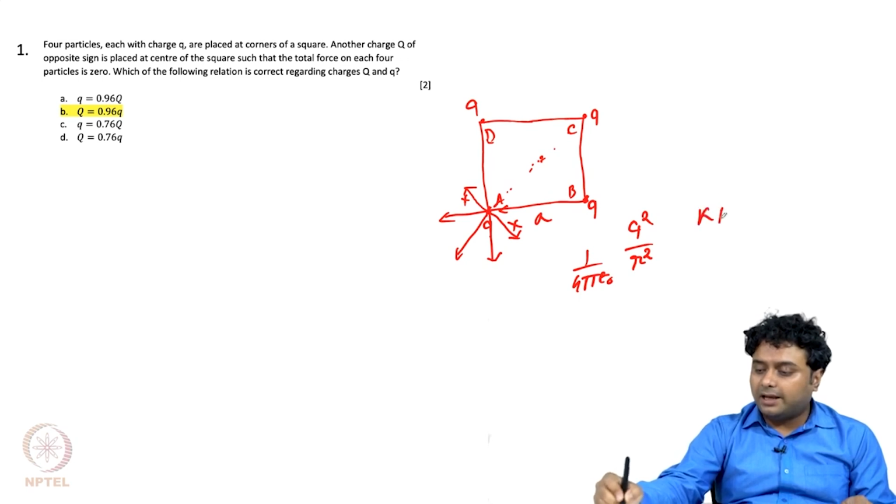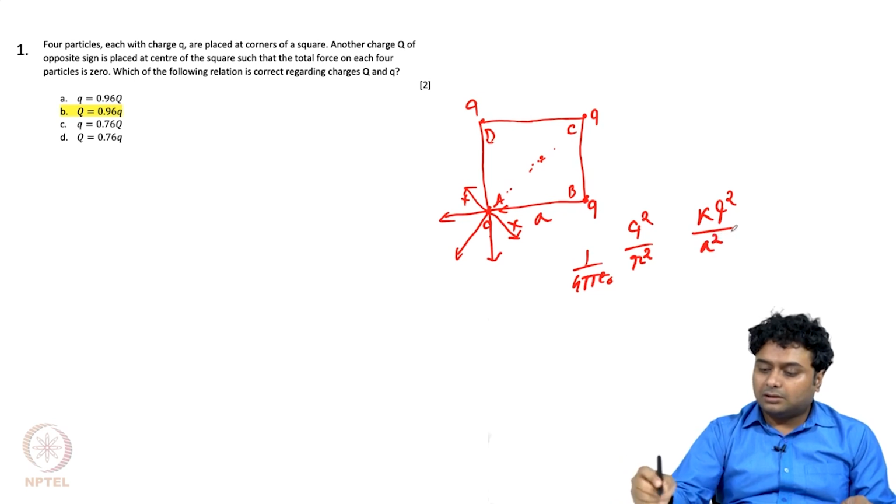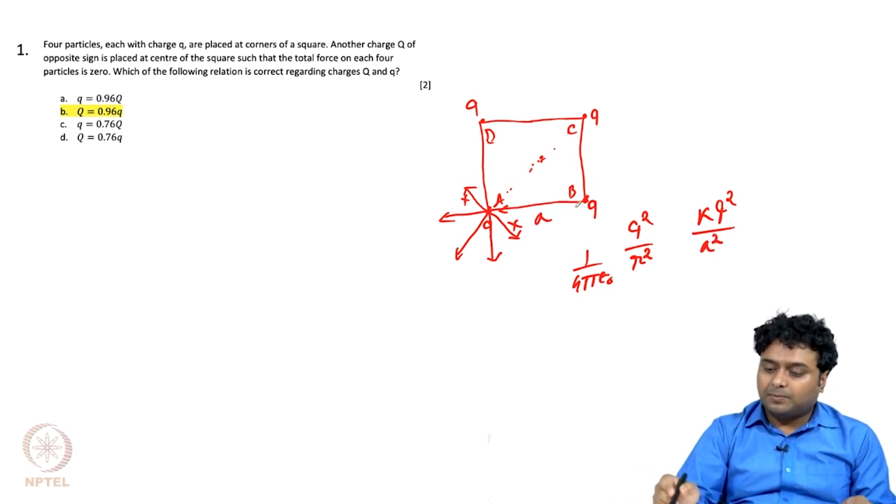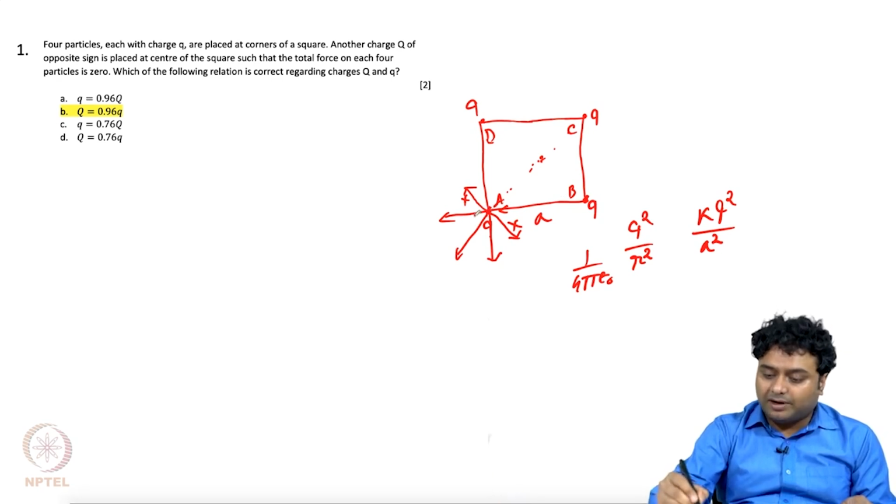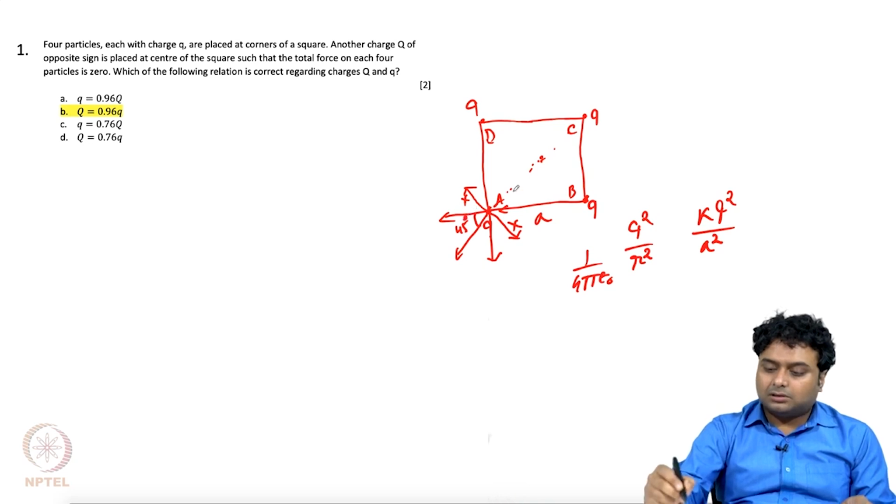So it is k q square by A square. Now for B and D, this angle is 45 degree, because this is along the diagonal, right.